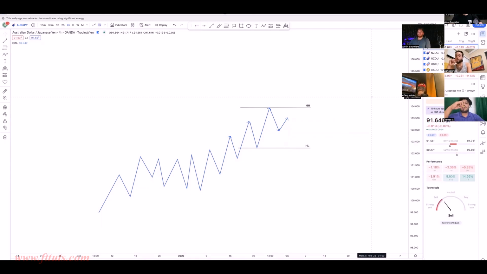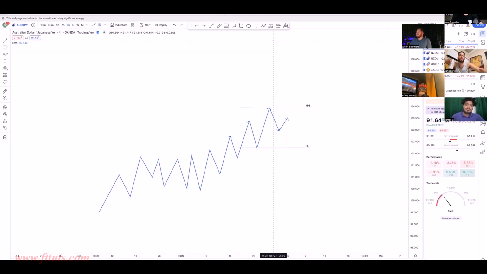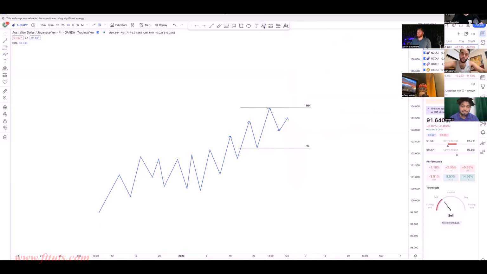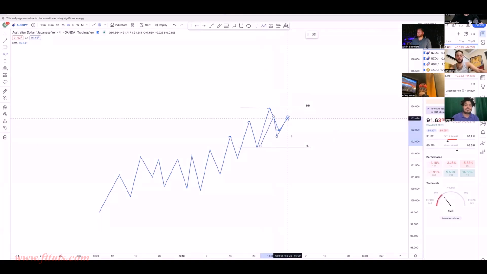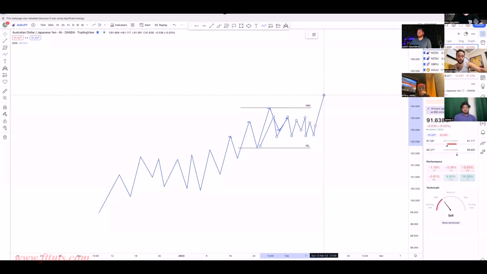Okay. Nope. We still got a lot of people wrong. I mean, 60-40, the majority of you guys maybe got it. Still a lot of mistakes. So this point right here is not a lower high. The first thing that I said is anything that happens in between these two lines is simply market structure until we break above or we break under.